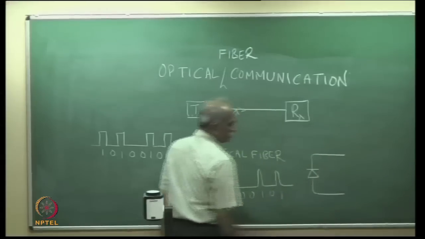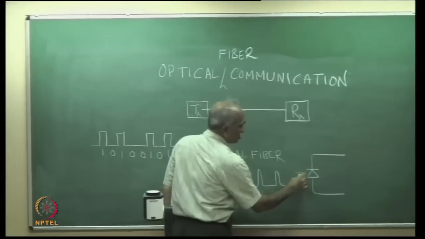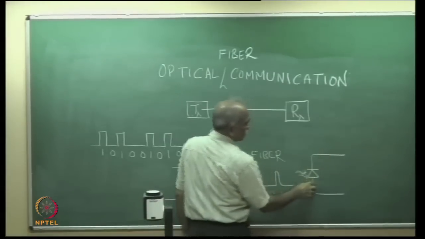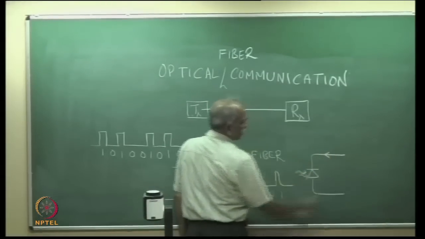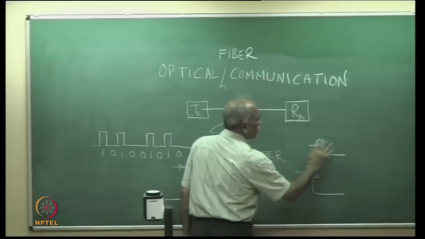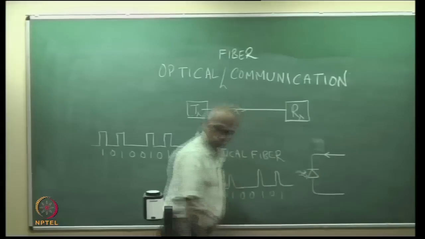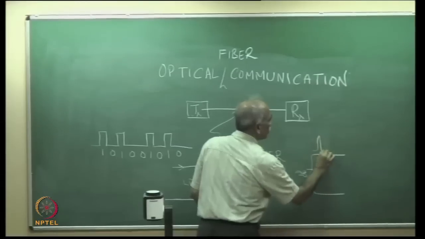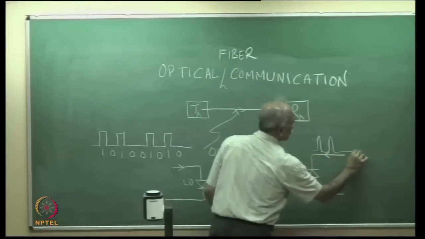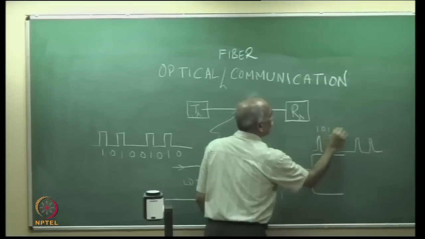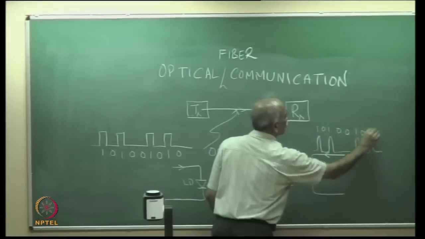The incident light onto the photodetector generates a photocurrent, a reverse current, IP, and you retrieve back the current signal, the same 1 0 1 0 0 1 0 1.